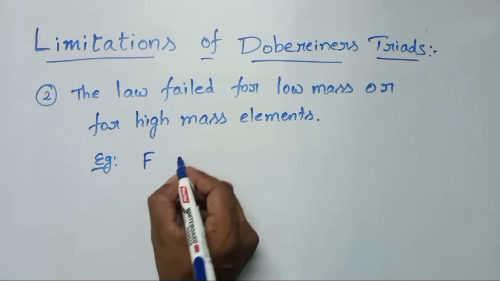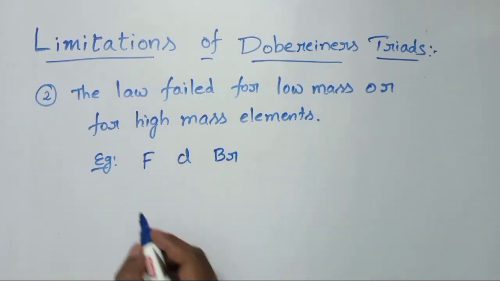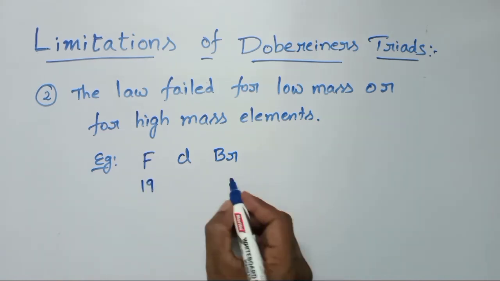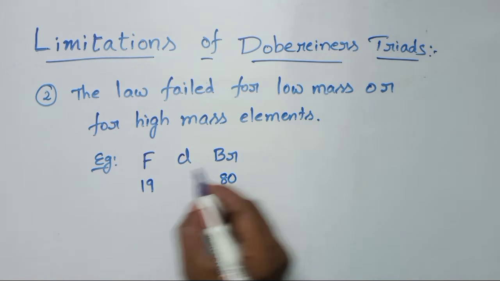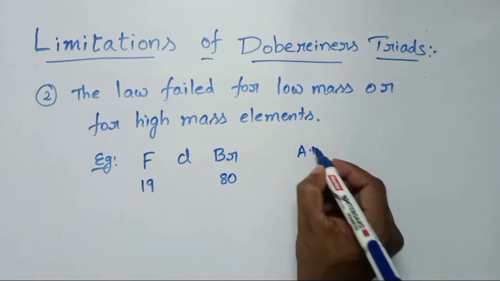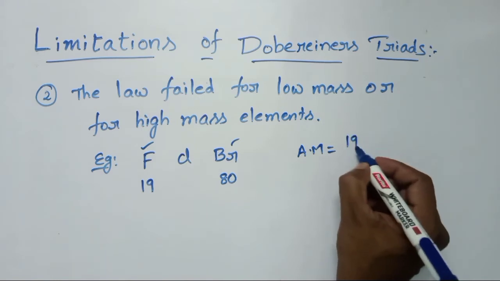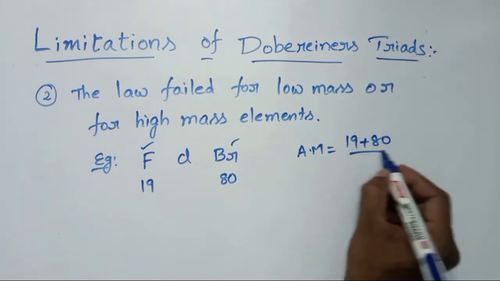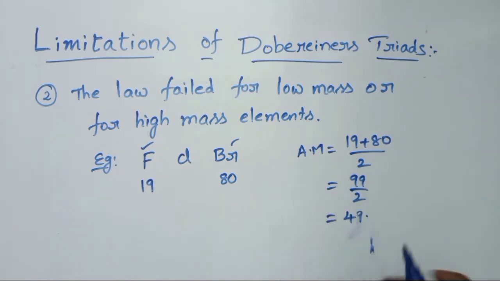Let us take fluorine, chlorine and bromine here. The atomic weight of fluorine is 19 and the atomic weight of bromine is nearly 80. So the arithmetic mean of these two elements is 19 plus 80 by 2, which is equal to 99 by 2, that is 49.5.